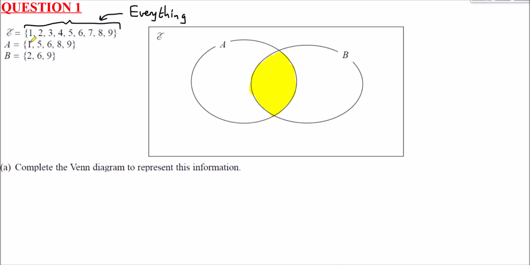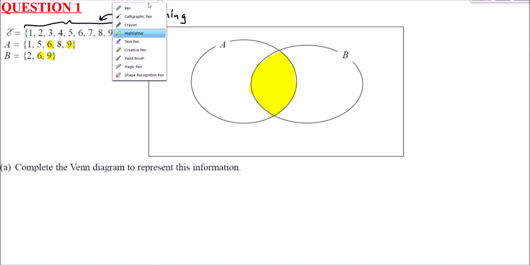So 1 is in A but not B, 5 is in A but not B. But if you look here, 6 is in both, 8 is in A but not B, but again 9 is in both as well. So 6 and 9 are in both.